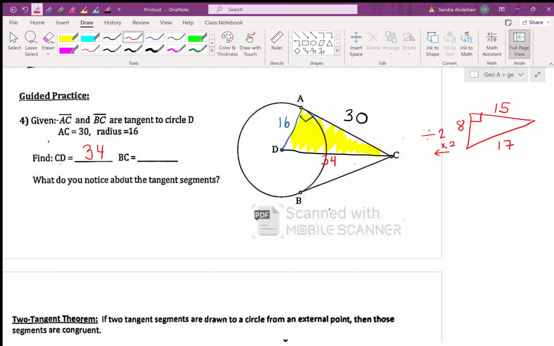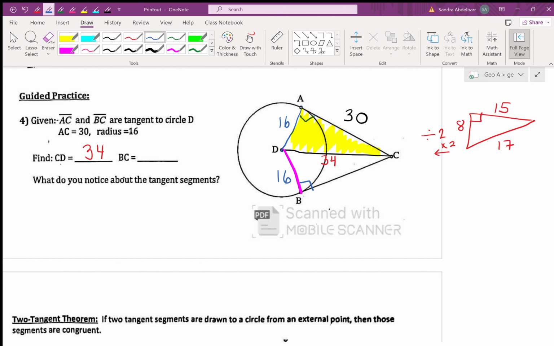Now what do they want us to find? BC. Well, to find BC, I'm going to draw DB again. How long is DB and how do you know? Sam? Well, it is 16 because DB's a radius. Yeah, and then that makes a right angle right here.